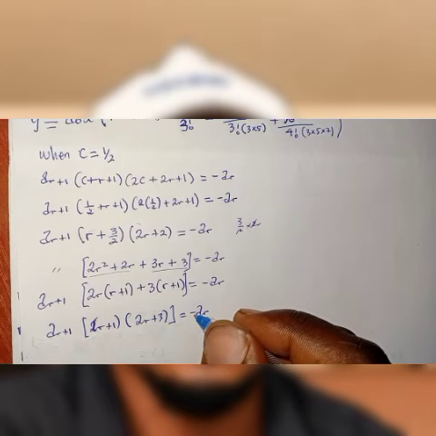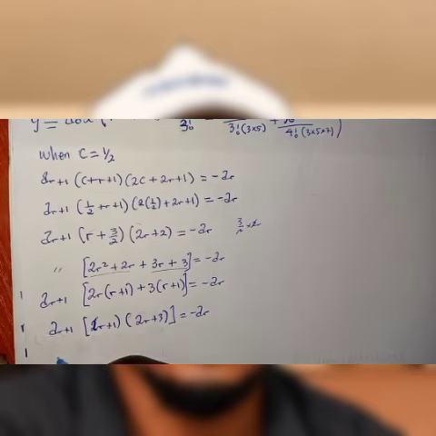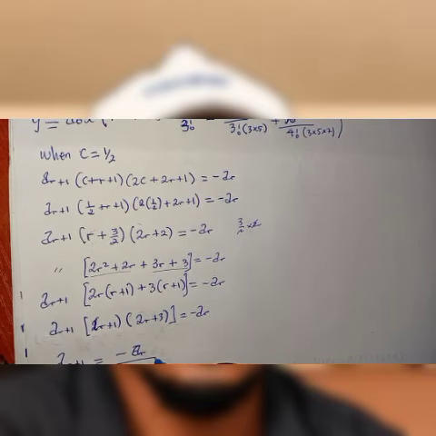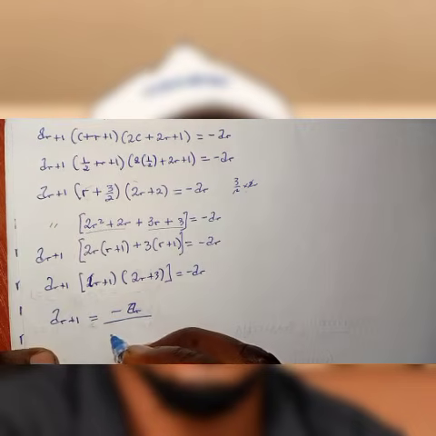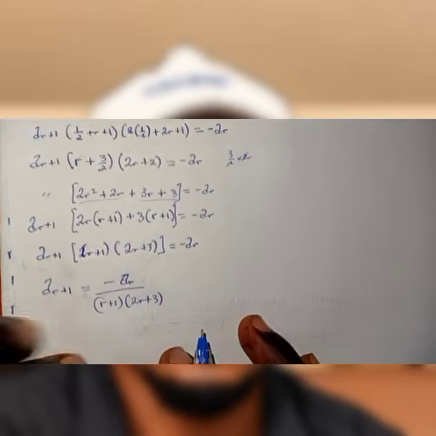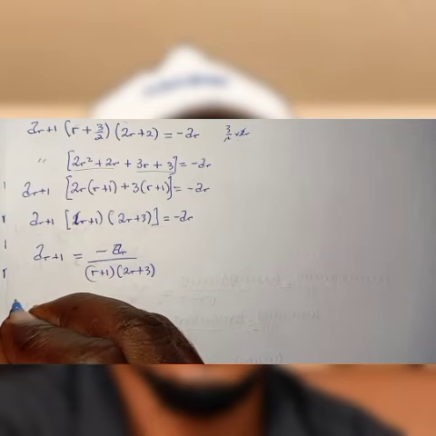If you divide both sides by this, we are going to have r plus 1 equals minus ar over r plus 1, 2r plus 3. Now this is our equation that we're going to be using.